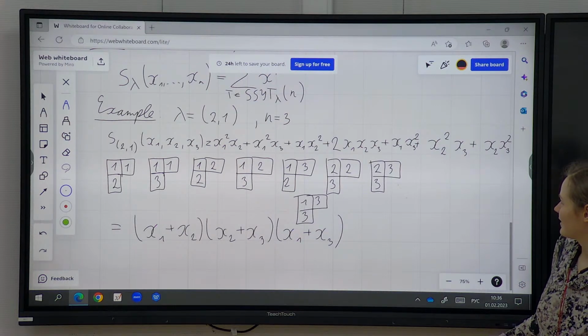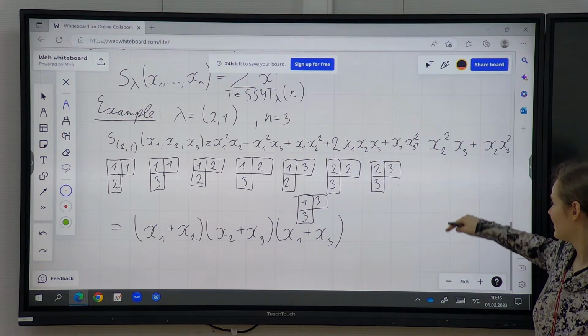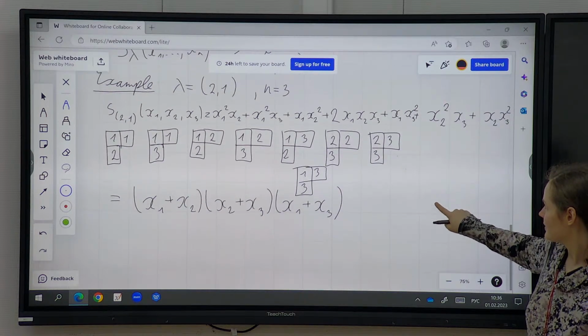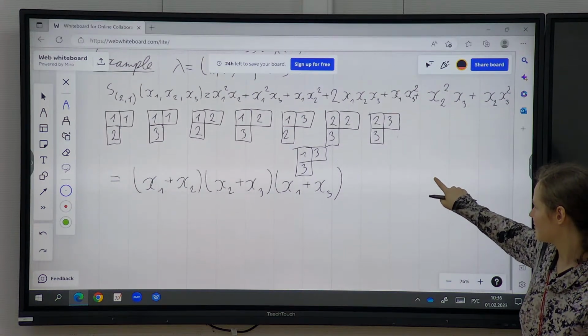So yeah, in this case, Littlewood theorem works. Let's check some other example.